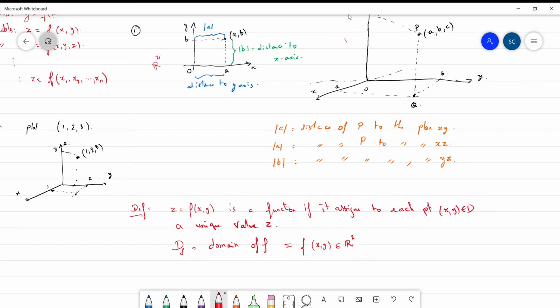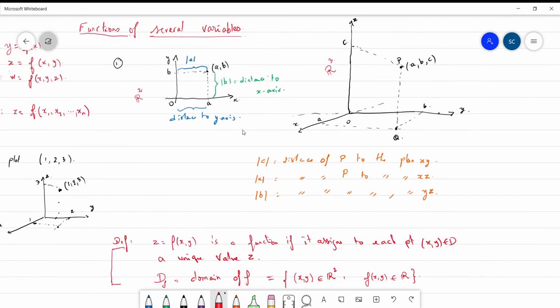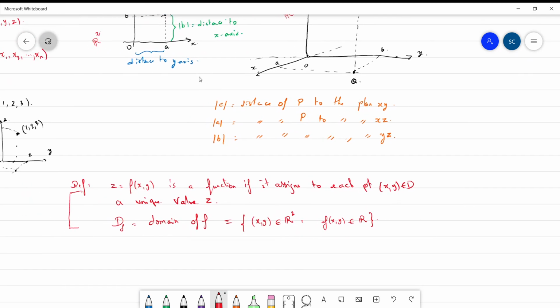Here we are working in R3, three dimensions. Great. Let's do some examples for functions of two variables, looking for domains.